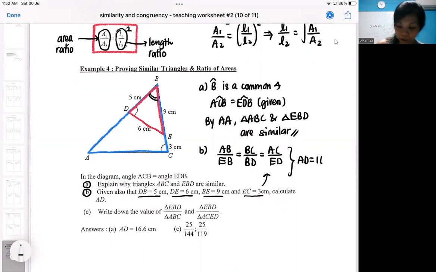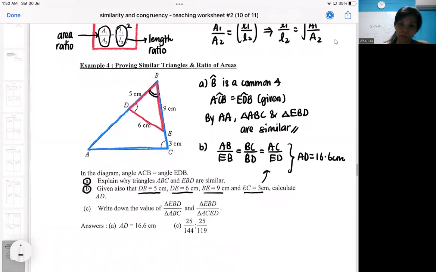You can give it a try to see whether you can get the answer. It's the same idea, the Sec 2 idea: write out the ratio, put in the numbers, and see whether you can find the one they wanted. The critical part here is to get the ratio.